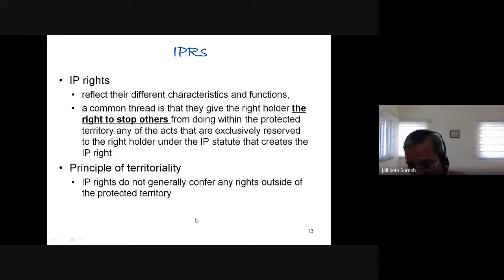So generally, because I'm using the term generally, IP rights do not extend beyond the protected territory. That is, if I have a particular IP right in India, I may not be able to enforce these rights in other countries, subject, of course, to some exceptions that we are going to see as we progress.